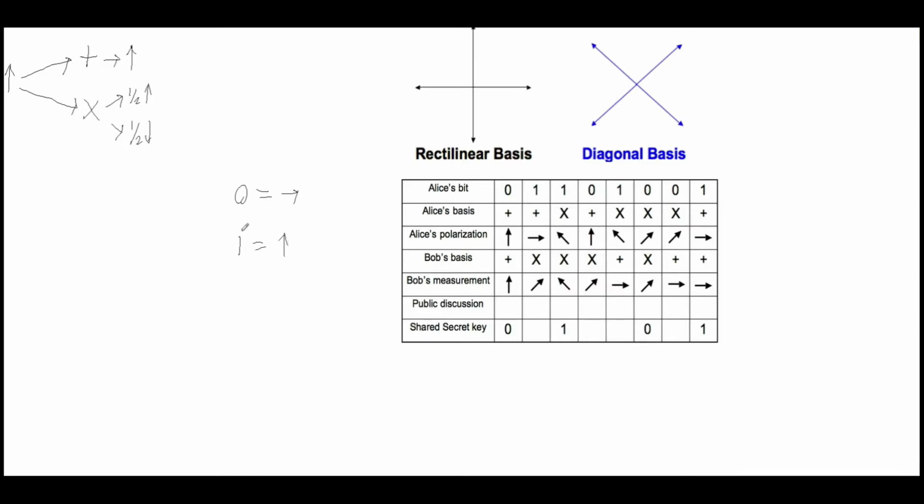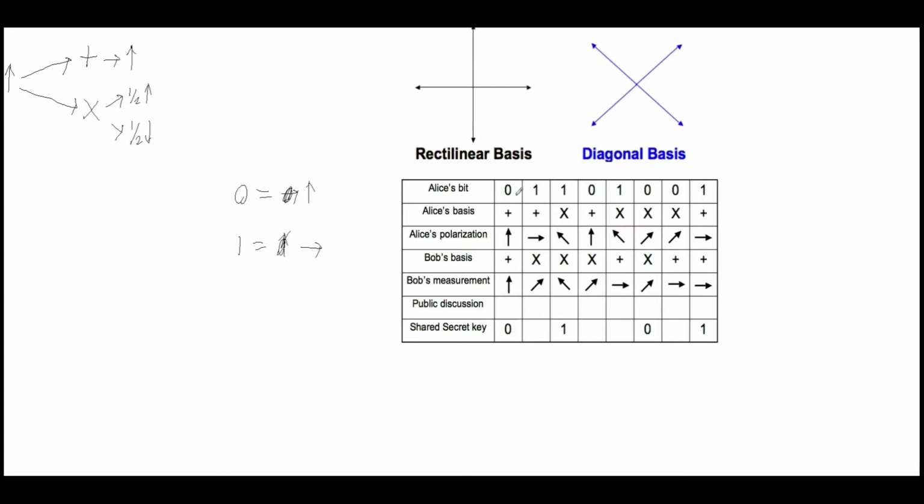Actually, no, I think that was the other way around. I think 0 is up and 1 is to the right. And I think that's usually how it is when you are using quantum computing. It's just a convention to call it that, but this is, I think, the usual way to do it.